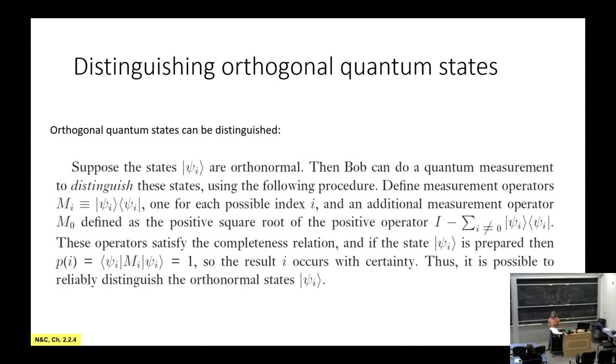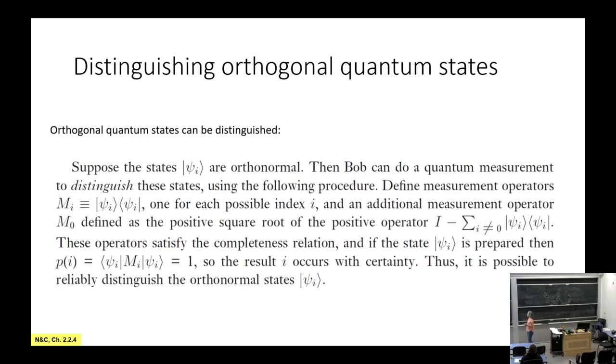And he's going to write an additional measurement operator, M0, which is defined as the positive square root of the positive operator written there. So those operators satisfy the completeness relation that we just saw.